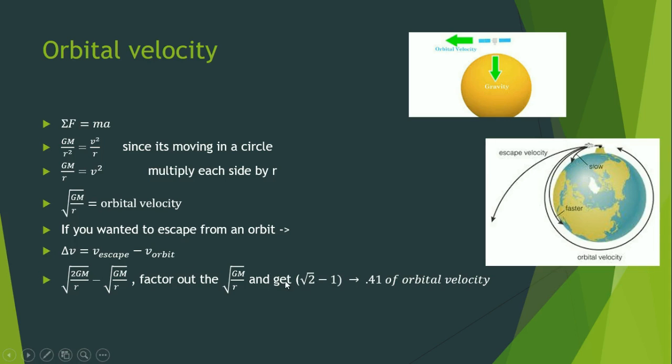If you actually do this in your calculator, the square root of 2 is about 1.41. If you subtract 1 from that, you get 0.41 of the orbital velocity. So basically, you have to increase your speed by 0.41 of the orbital velocity to escape an orbit.